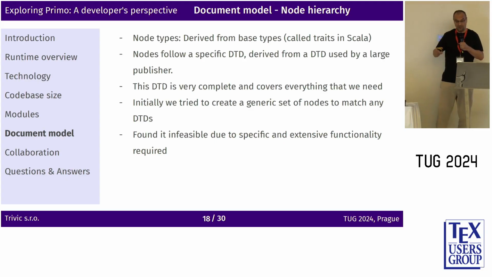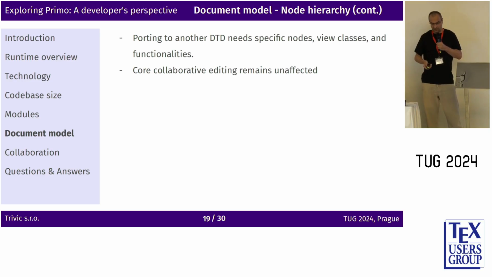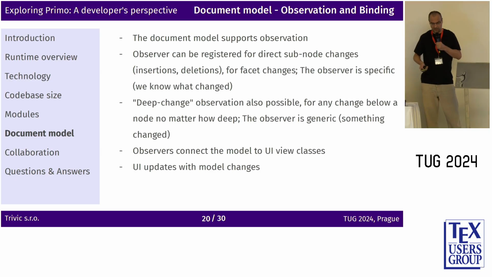So we could not do this by having a generic set of nodes. If we would need to port, it would be to some other DTD. It would be possible, but it would be some work. The collaboration would remain unchanged.